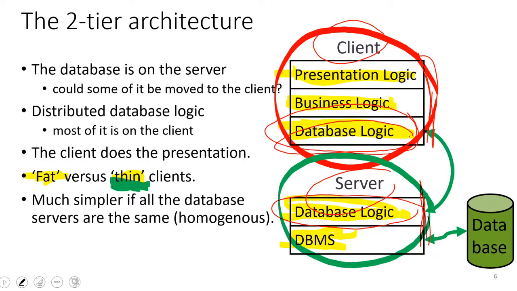So depending on the application, depending on the type of thing that we are building, we may sometimes build them as thin clients, so not much is implemented on the client side, but sometimes we may build them as fat clients, so most of the things are implemented on the client side.